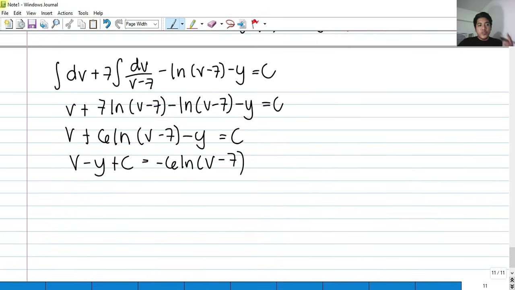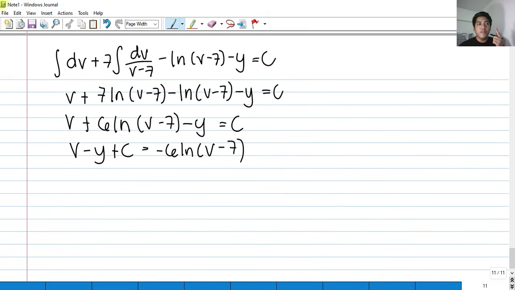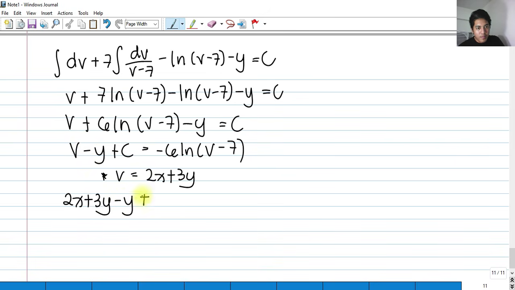And again, we're going to substitute the original variable back. Let's remember that v is equal to 2x plus 3y. That is our substitution. So we substitute it back: we have 2x plus 3y for our v here, minus y, plus c is equal to negative 6 ln of 2x plus 3y minus 7.